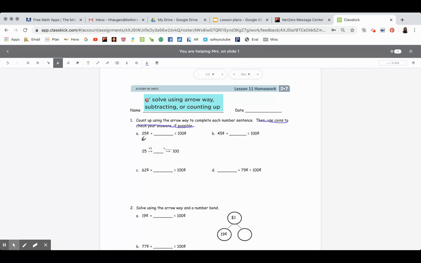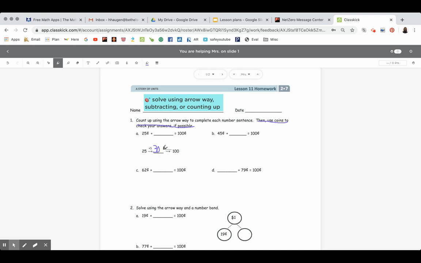They want us to start at 25 cents, and count up to get to 100 cents or $1. They start us out by adding 5. So we know that 25 plus 5 is 30, and then 30 plus something is 100.